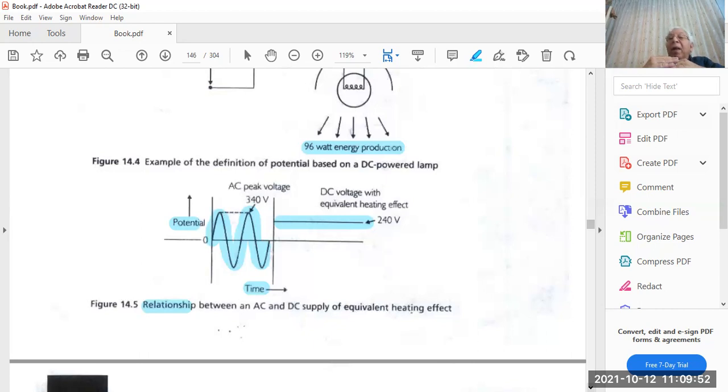though the mains is around 220 volt. And as we see, we have another source of direct current, which is 240 volts.